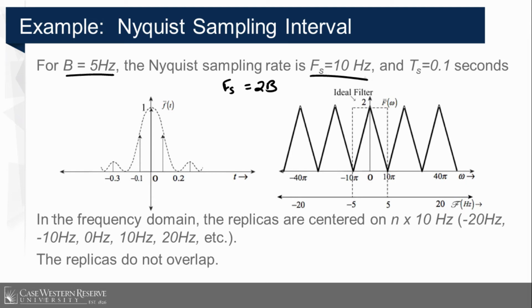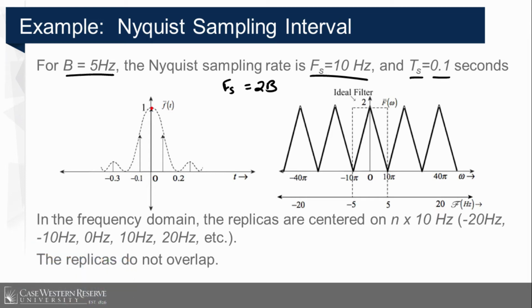We then can convert this sampling rate into a sampling interval. So the sampling interval that corresponds to the sampling rate, Ts, will be 0.1 seconds, a tenth of a second. So again, if we want to appropriately sample our time domain signal so that we don't have any replicas overlapping in the frequency domain, we need to use a sampling interval of a tenth of a second.